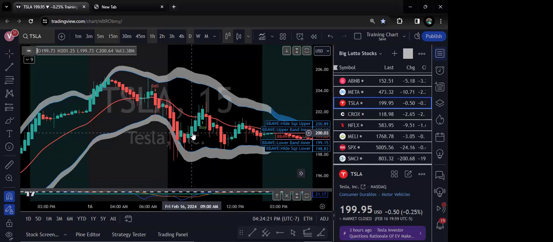SMCI still isn't reasonable now, unless we get a crush on Tuesday. That's what I'm anticipating for SPY and the rest of the market. So take advantage of that IV crash.